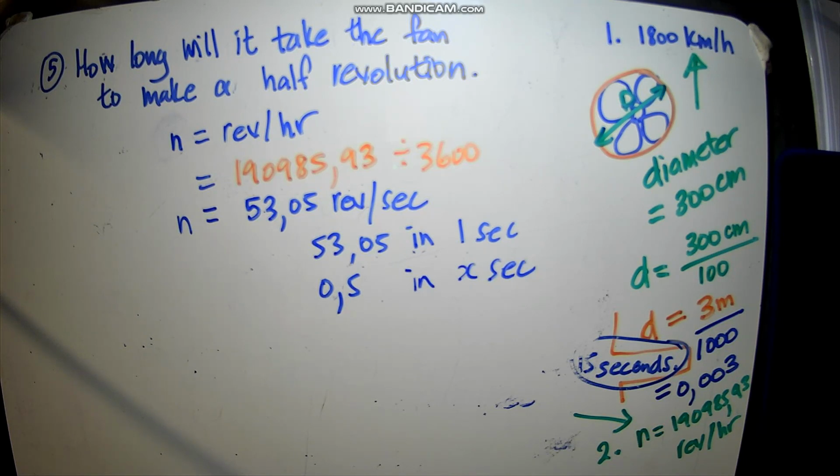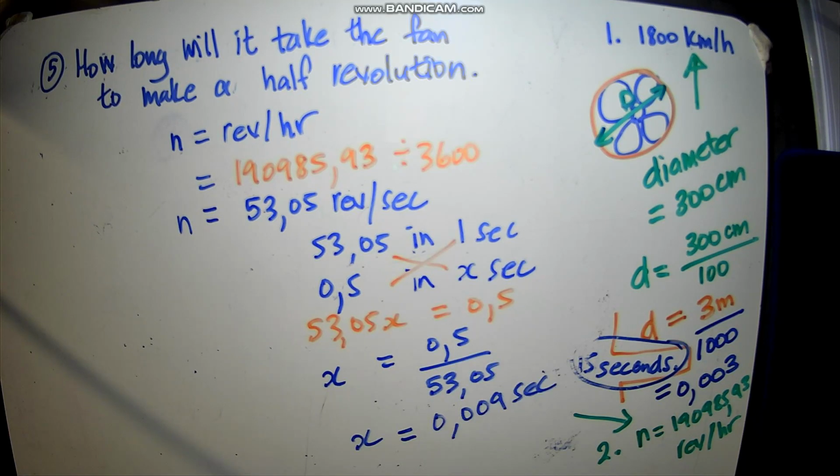How many revolutions? 0.5. Cross multiply because it's directly proportional and solve for X. Next thing, divide both sides by 53.05. And so now we get 0.009 seconds. Right, and this is how you do this section.